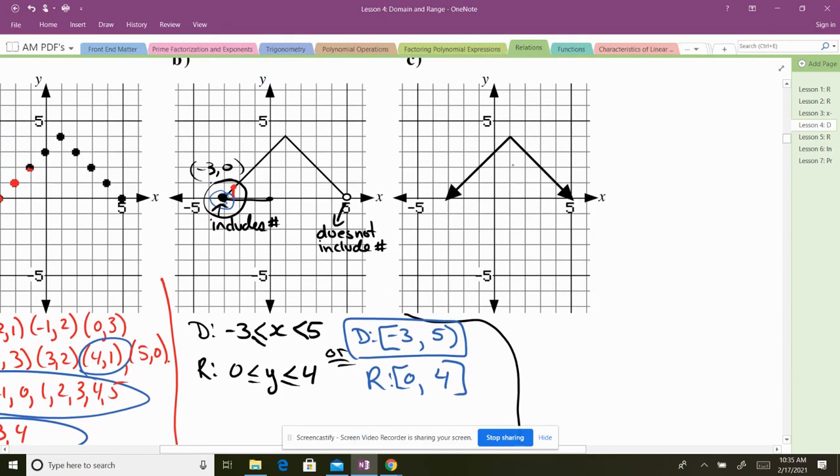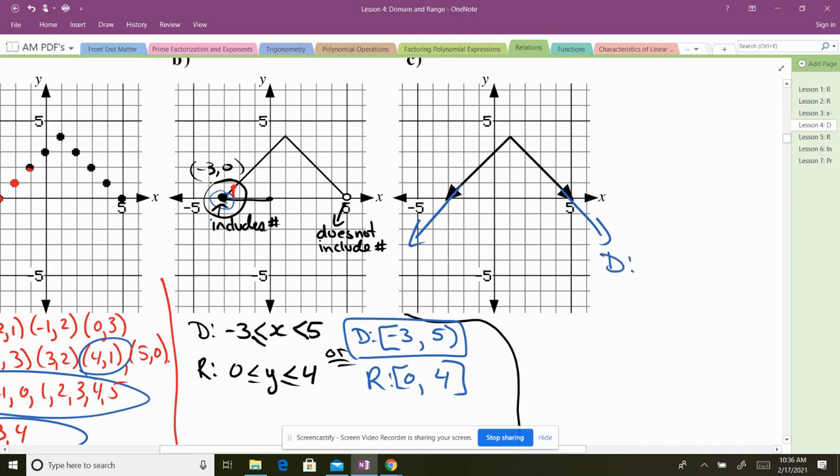All right, this one, what's the difference between C and B? The arrows. What do the arrows mean? They go on forever, okay? Now, if you have arrows on both sides, it goes on forever and ever. That means the x is going forever in both directions, okay?